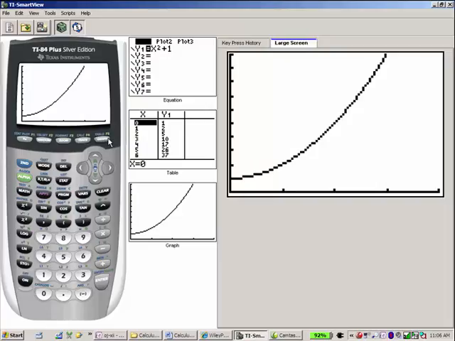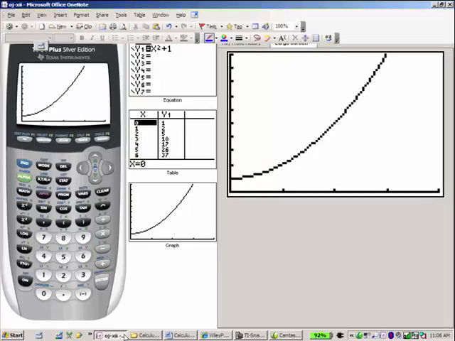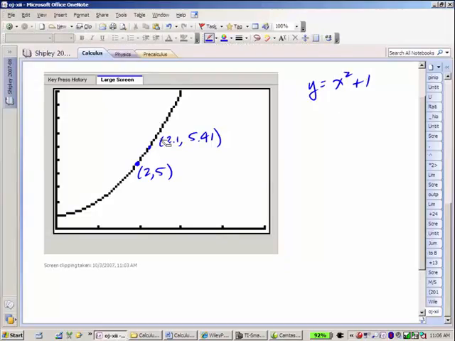What point does the tangent line go through? (2, 5). So I can give you a point. And what's the slope of this tangent line? You told me it's about 4. Caroline, how did we get 4?